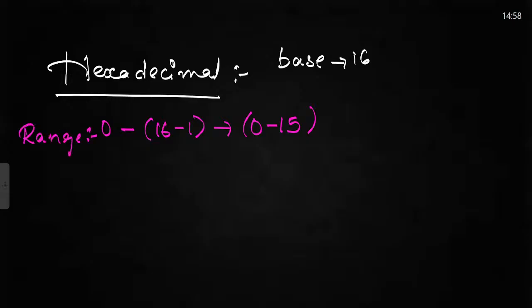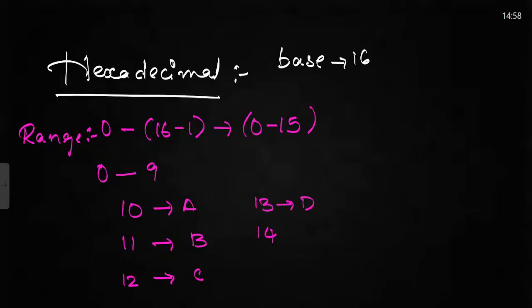But we will only take 0 to 9, and from 10 onwards we will take A. My 11 will be B, my 12 will be C, 13 will be D, 14 will be E, and 15 will be F. So this is how we will write. Up to 9 we will write normal digits, and then from 10 onwards we will write A, B, C, D, E and F.